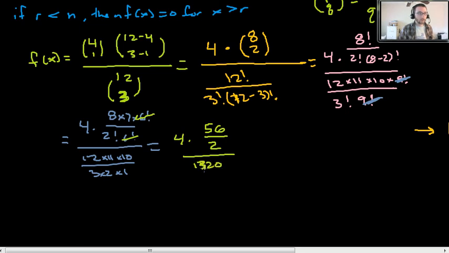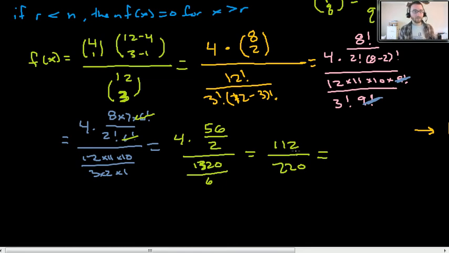And then 3 times 2 times 1 is 6. So 4 times 56 divided by 2 is 2 times 56, which is 112. All over 1320 divided by 6, which is 220. There we go, so 112 divided by 220.